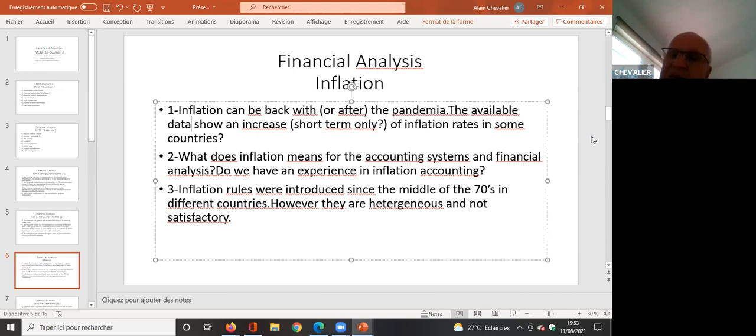You should remember that in the US, when President Reagan became president in 1980, the interest rate on the 10-year government bond, which is the reference in the US, was 20%, and the inflation rate was 16-17% a year. So they had to adapt.